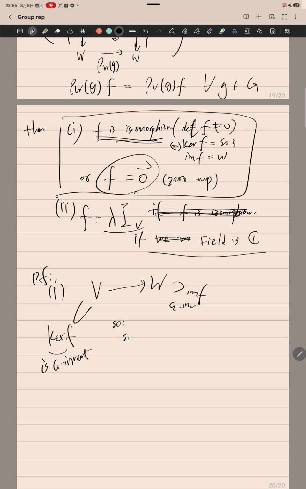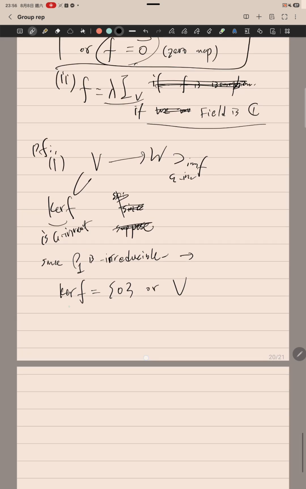Since rho V is irreducible, the kernel is either 0 or V. If the kernel is V, then we are done, then f is just the zero map.